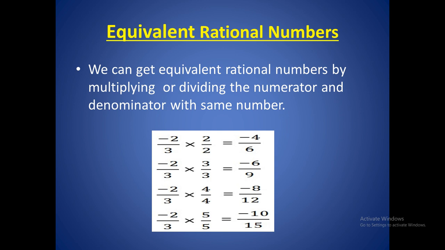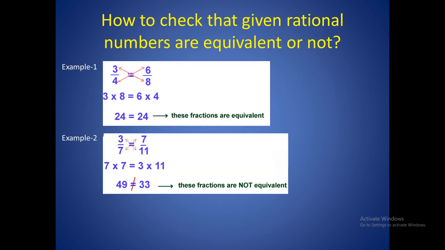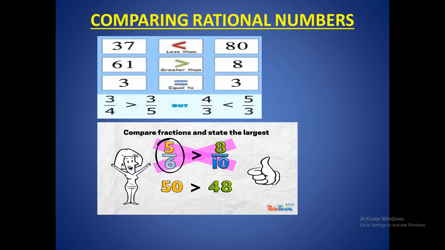Then we read about equivalent rational numbers, how we get them, and how to check whether given rational numbers are equivalent or not by the cross multiplication method. You know it well. After this, we learned comparing of rational numbers.